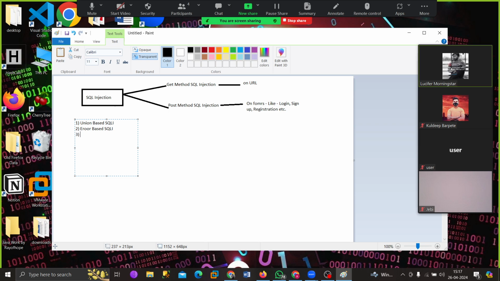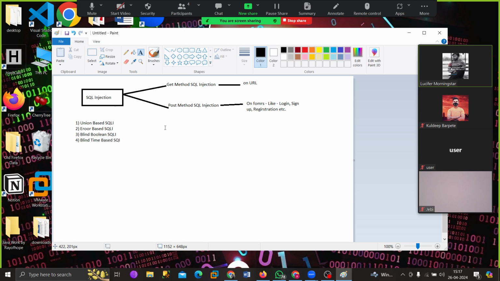Third is blind boolean SQL injection. Fourth is time based SQL injection. You got it? So there are four types of SQL injection that we perform.